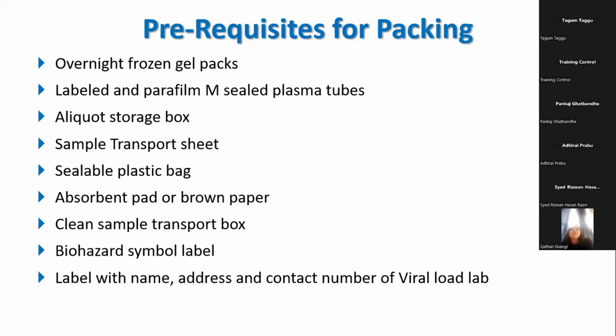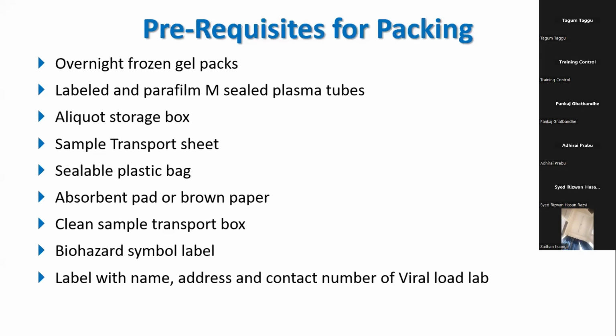The gel packs, the freezable packs, have to be kept in the freezer compartment, not in the fridge compartment, where they can be frozen and ice can be formed. They have to be frozen overnight, that is, the whole night. Almost 12 hours is required to reach the correct freezing conditions, which will cater to 2 to 8 degrees during transit.